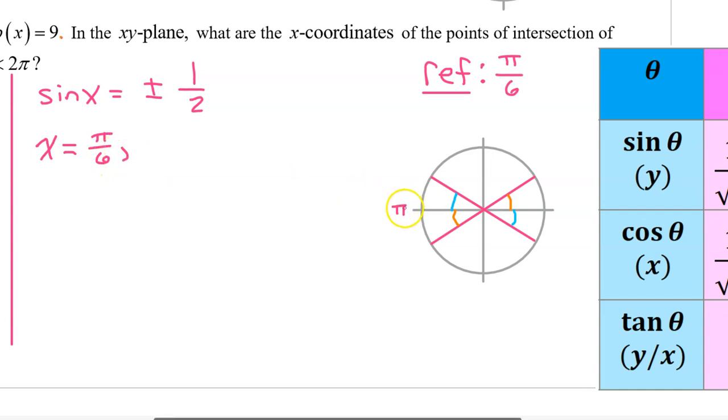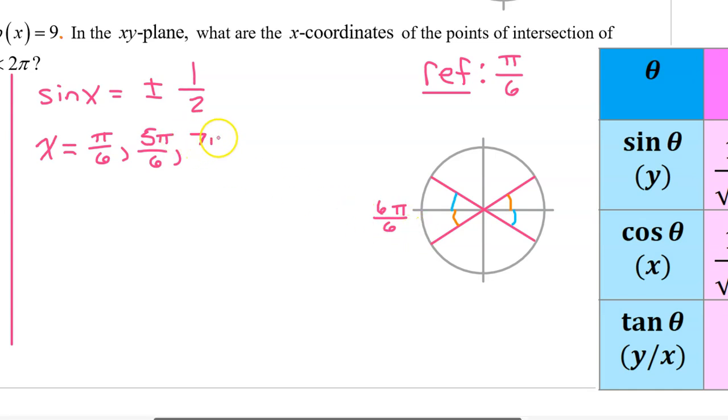Pi is right here. Looking at the reference angle, let's think of it as 6 pi over 6. The angle in the second quadrant with a reference angle of pi over 6 is pi over 6 less than 6 pi over 6. That's 5 pi over 6. In the third quadrant, this angle is pi over 6 more than 6 pi over 6.